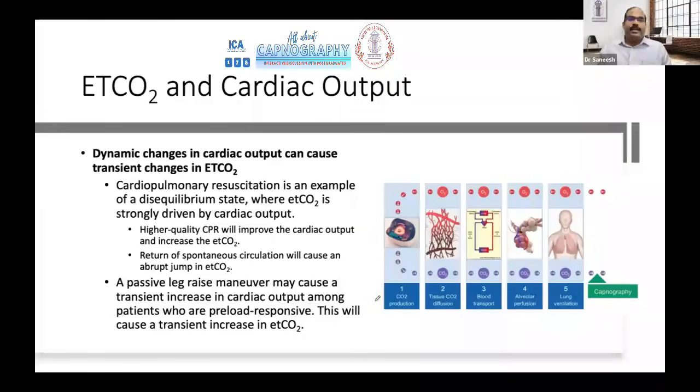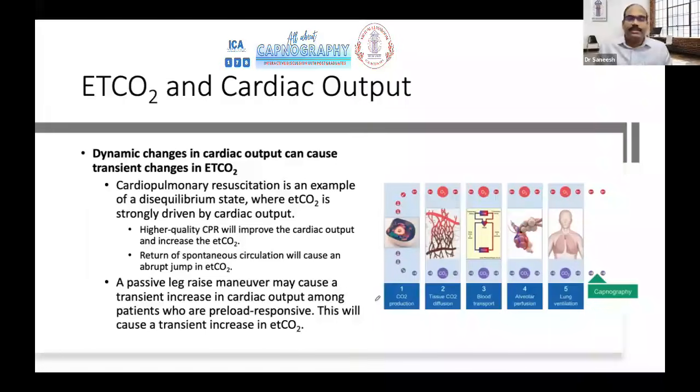Cardiopulmonary resuscitation is a perfect example of this disequilibrium state where EtCO2 is strongly driven by cardiac output. The higher the quality of CPR, the higher the cardiac output, the higher the EtCO2. So with efficient chest compression, you get an EtCO2 well above 10; above 20 is desirable.